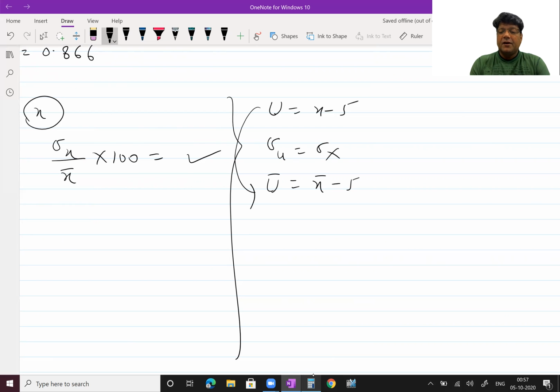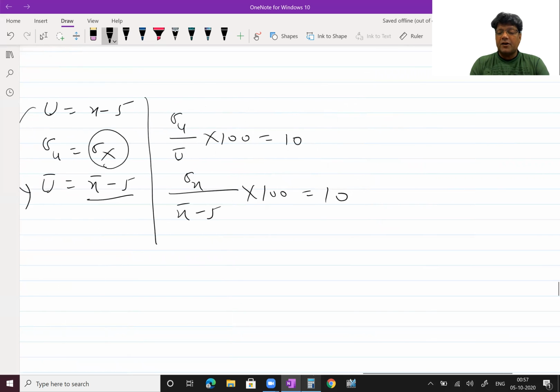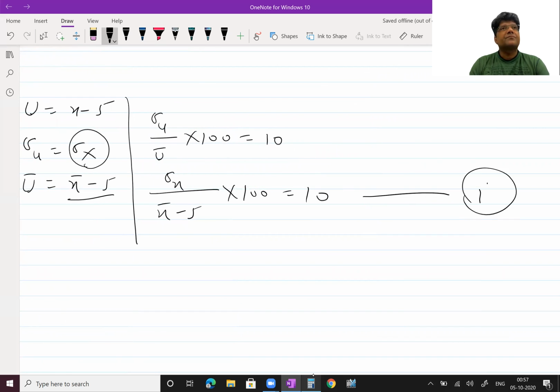Now coefficient of variation formula is standard deviation by mean into 100. The question is telling this is equal to 10. So sigma x by x bar minus 5, into 100, is equal to 10. This is equation number 1.